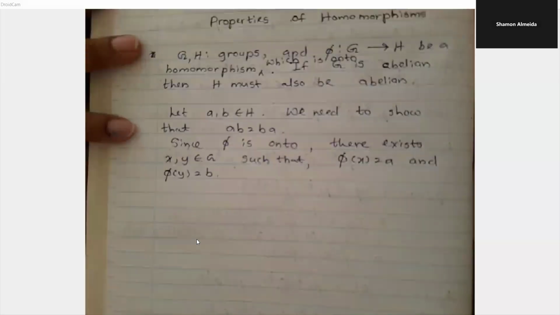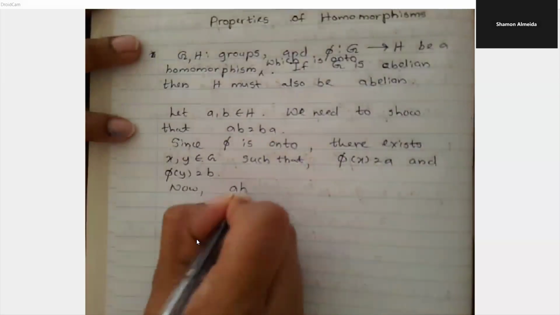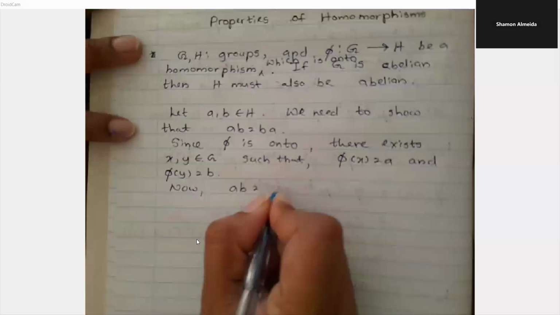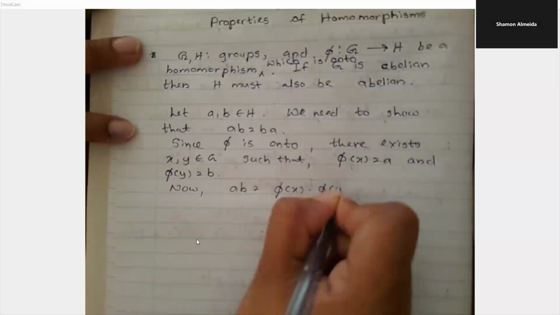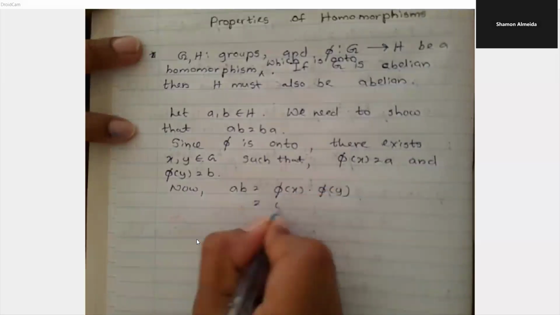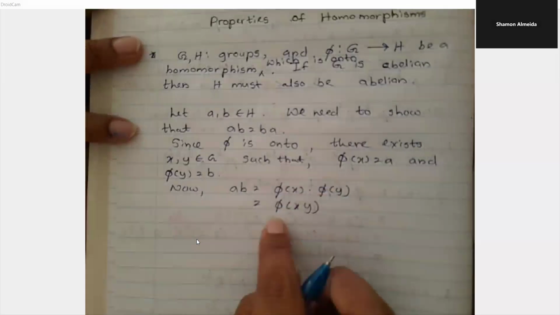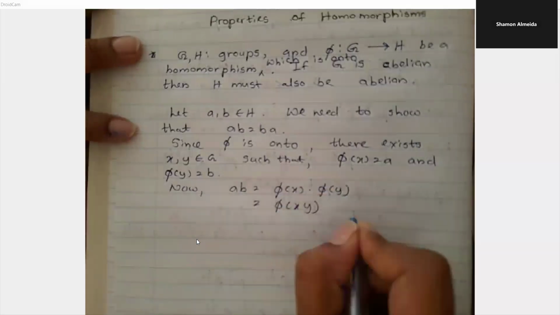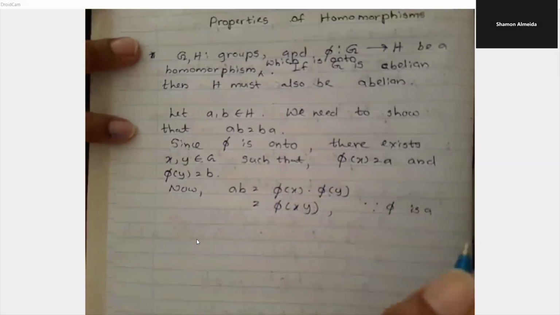right? Now, let's calculate AB. AB is equal to phi of x times phi of y. This is equal to phi of xy. Why is that? Phi is a homomorphism, right?